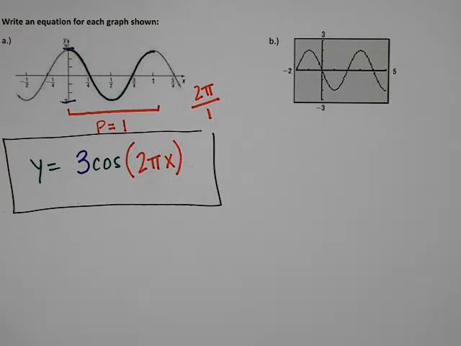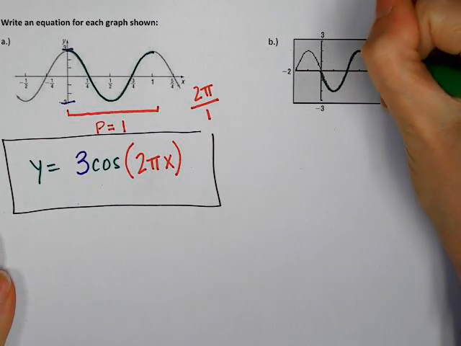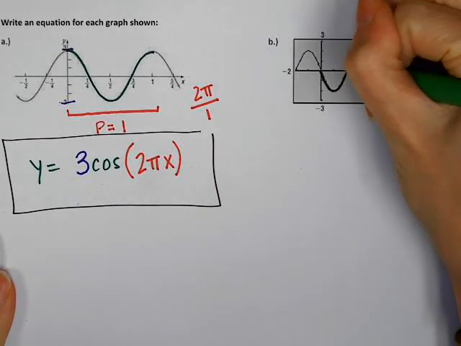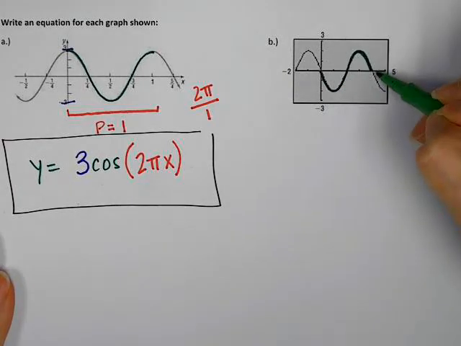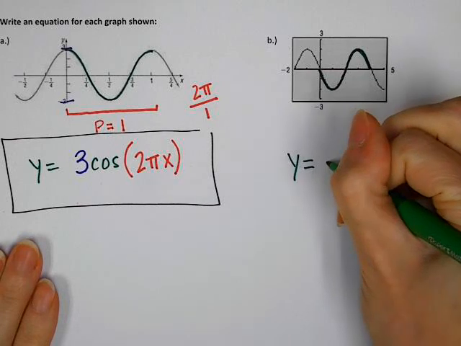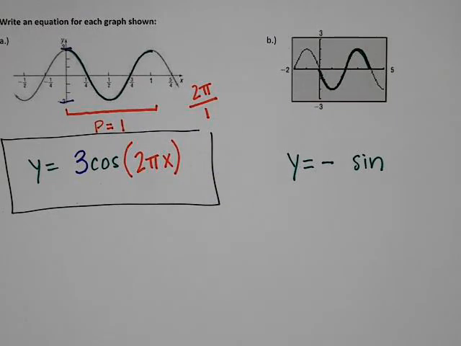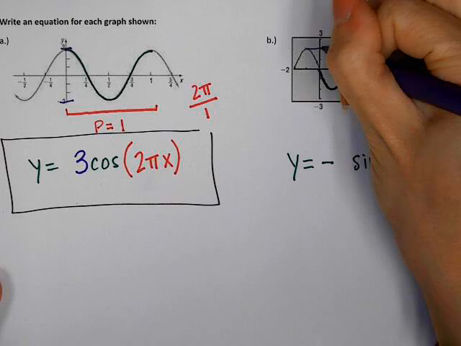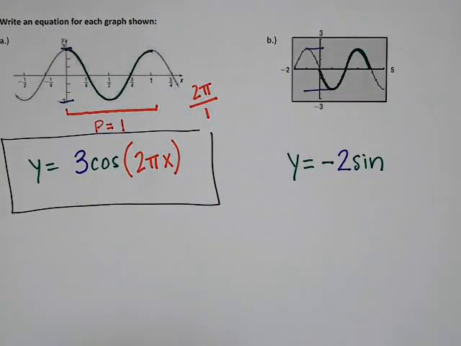Okay, now for b, the easiest thing I see is a sine curve, but there's one issue. It got flipped. Usually sine goes up and then down. This one's going down and then up. So I know from the start it's going to be a negative sine graph. Again, multiple answers. This is the way I'm doing it. Let's get our amplitude. This one's range is negative 2 to 2, so we know the amplitude is 2.